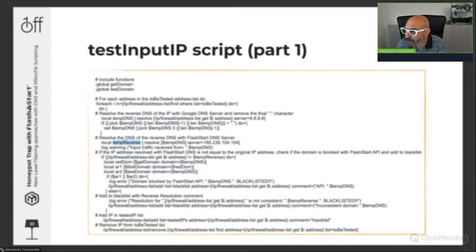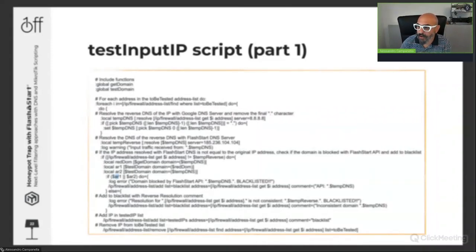You remember the function test domain? This function calls the script I previously showed you with the domain, of course. I send the whole domain, so the whole string and the cropped part, both.